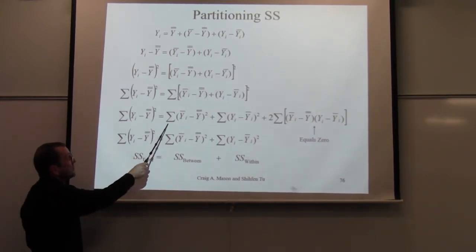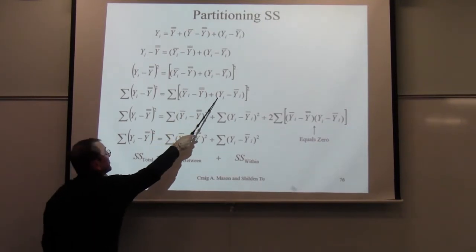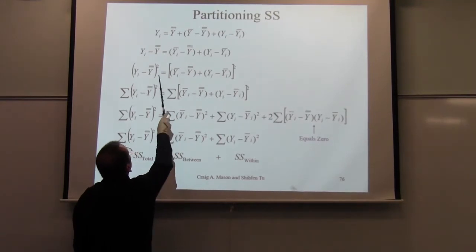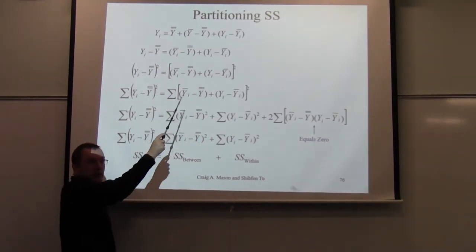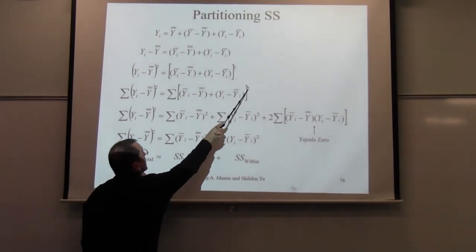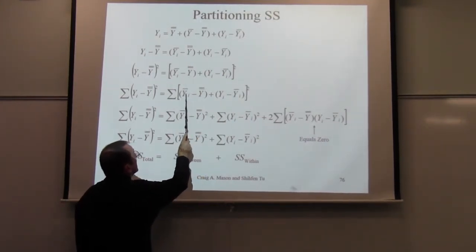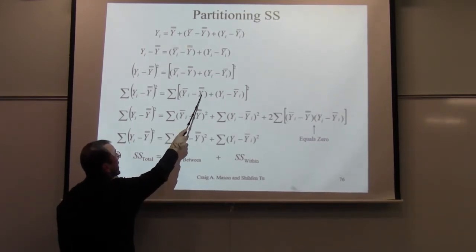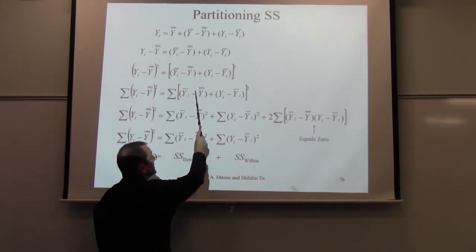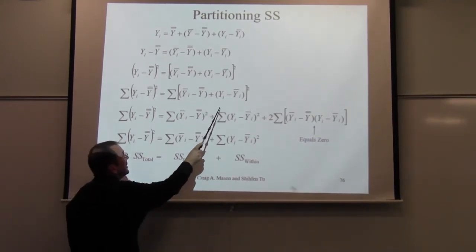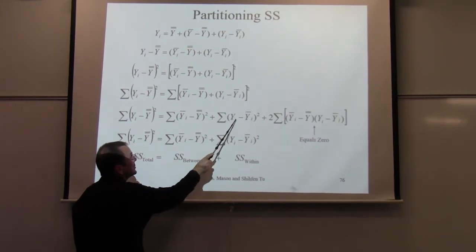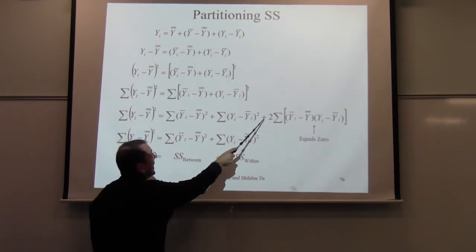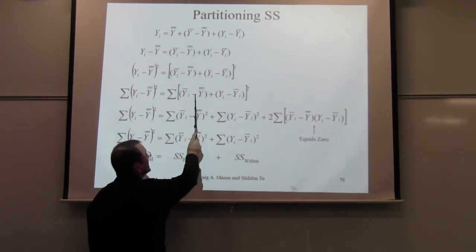Not doing anything on the left, but here, let's write this out. Because we squared, this becomes the sum of the group mean minus the grand mean squared, because it'll be this times itself, plus this times itself, the individual score minus the group mean squared, plus this times this and this times this.